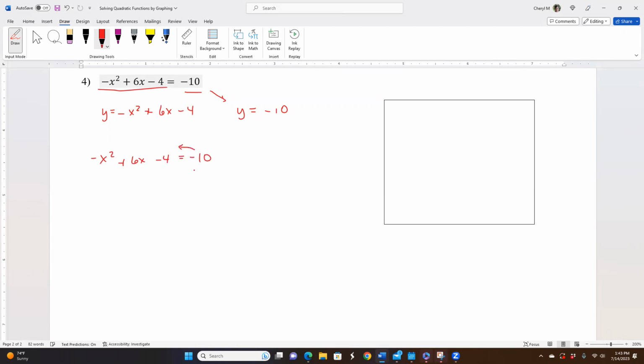I'm going to go ahead and add that 10 to both sides because so often when we solve quadratic equations, we are setting one side equal to 0. It just makes sense. So here we have negative x squared plus 6x plus 6 equals 0. Let's see where that equals 0 by graphing. Now, if we solve this by graphing, let's make sure we've got the right screen here.